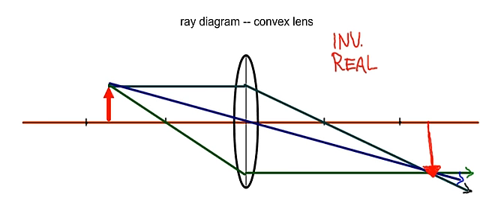And then finally, it would be magnified. Magnified because it is bigger now than it was before. So we have an inverted, real, magnified image after it passes through the convex lens.